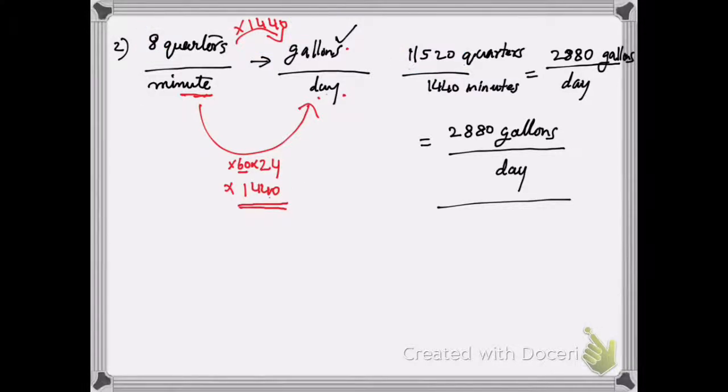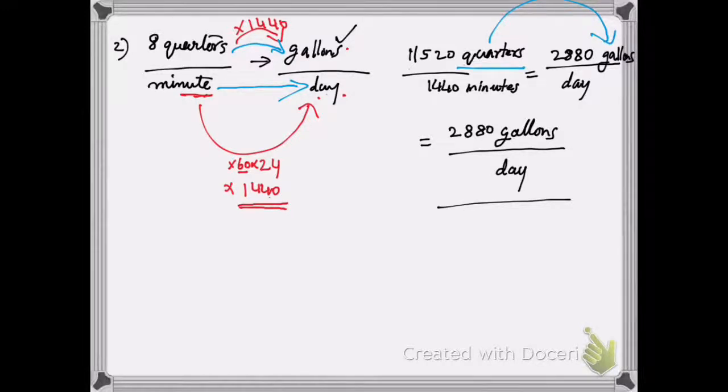And then you get 11,520 quarters. Now you want to transform quarters into gallons. So in the first step, we transformed minutes into a day. Now in the second step, you want to transform quarters into gallons. That's what we are doing here. So 1 gallon is really 4 quarters. You know that.